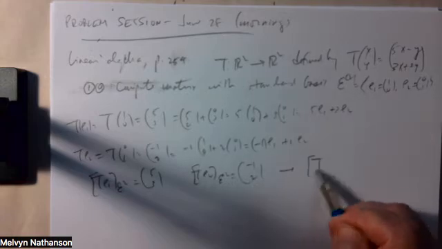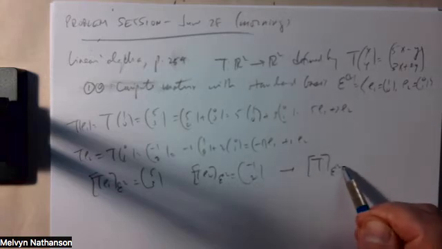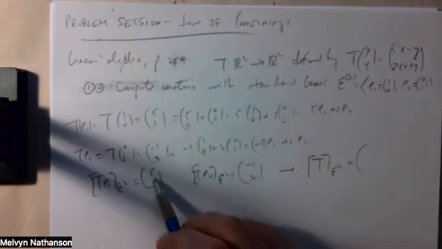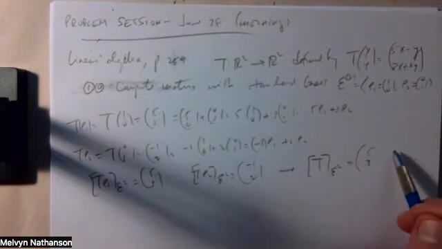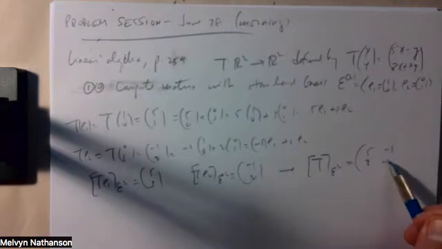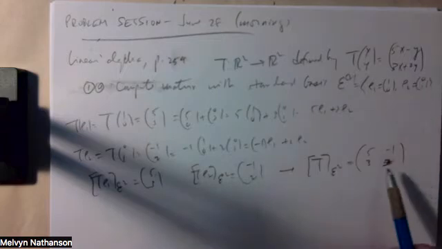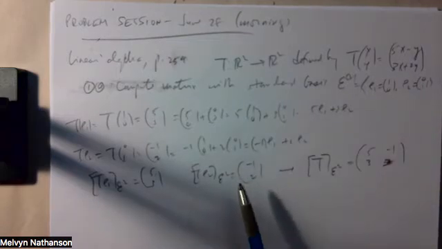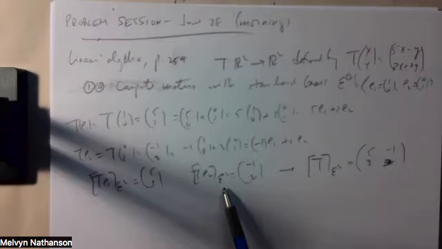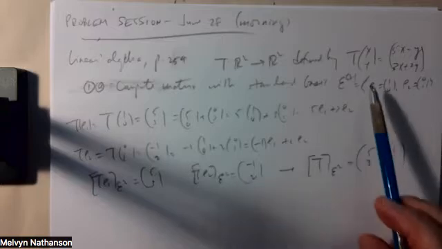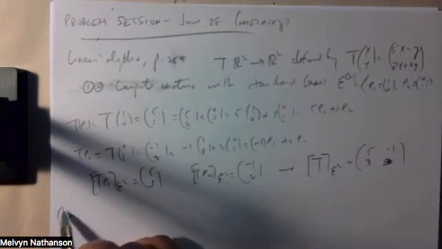So the matrix for T with respect to this basis is, the first column is (5, 3), (minus 1, 2) is the second column. Just what you would expect, in fact. So that's the matrix for T with respect to the standard basis. That's all it is. The interesting thing is when you take a different basis.